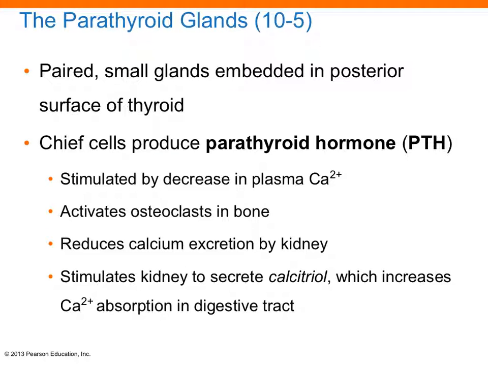The parathyroid glands produce a hormone called parathyroid hormone. It's stimulated by a decrease in plasma calcium. It activates osteoclasts in the bone. It reduces calcium excretion by the kidneys, and it stimulates the kidneys to secrete calcitriol, which increases calcium absorption in the digestive tract.